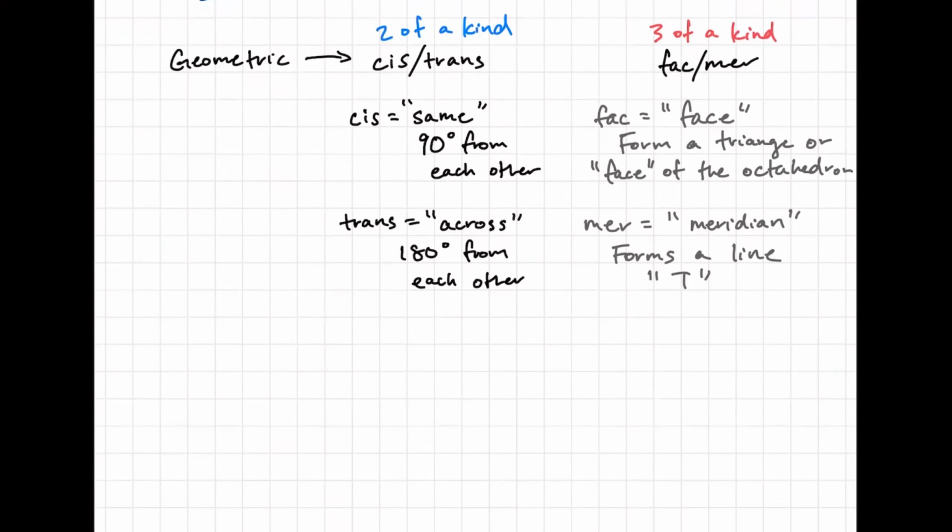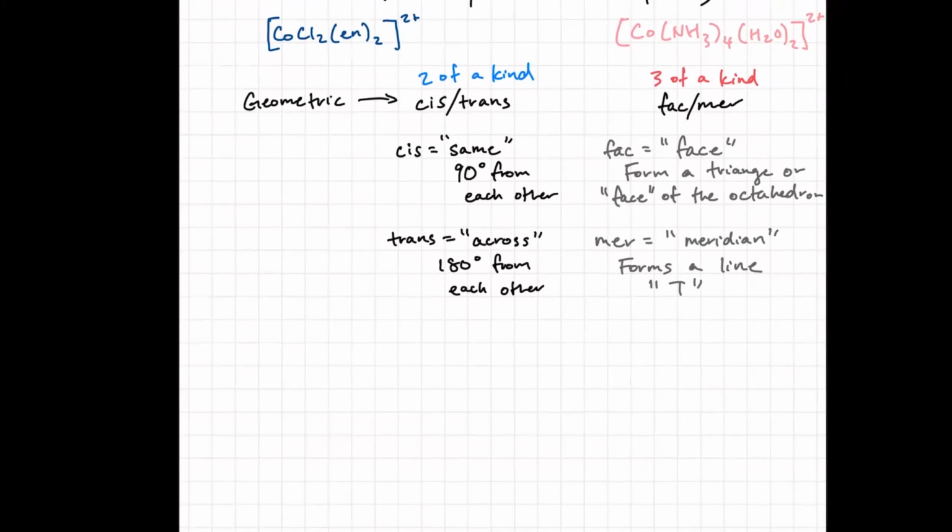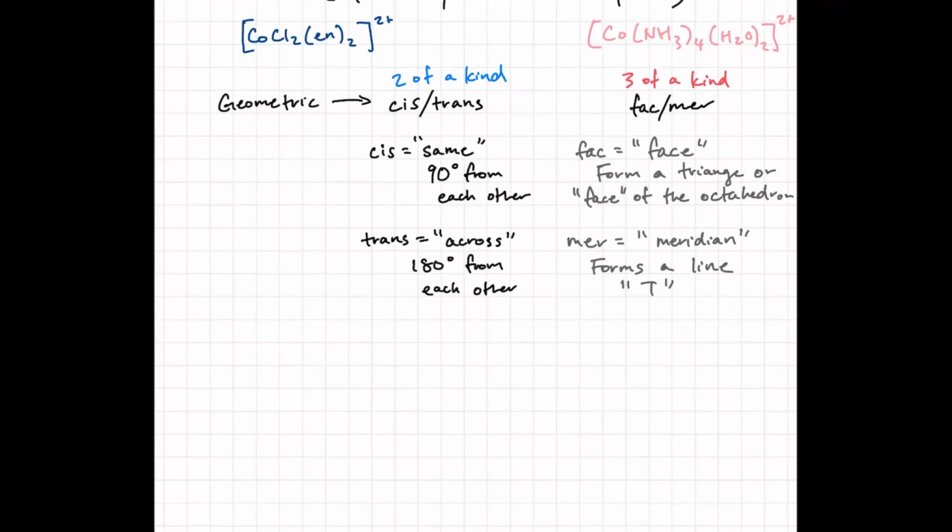And so if we're drawing isomers of this thing right here, I see that we have 2 of a kind. And so that thing can probably exhibit geometric isomerism. I think it's easiest to think of the isomers in terms of the monodentate ligands.